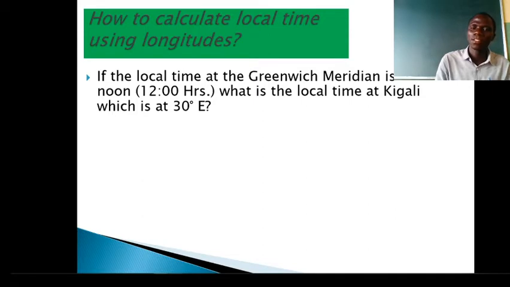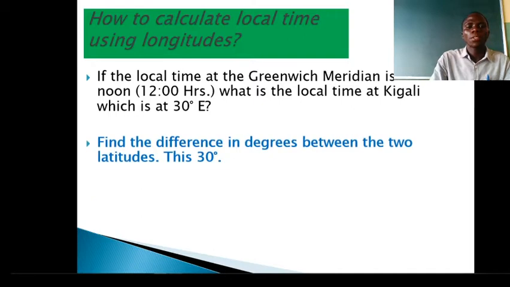Yes, students, Kigali is located at 30 degrees east in terms of longitude. Then, if it is 12 o'clock at Greenwich meridian, remember, located at 0 degrees, what will be the time at Kigali?